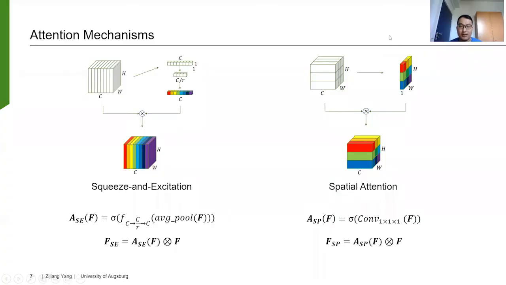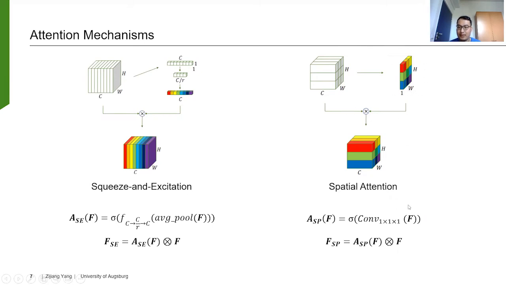The second attention mechanism we applied in our paper is spatial attention. We use a convolutional layer to extract the spatial descriptor from the input vector. Then the output of the spatial attention is calculated by multiplying the input vector by the spatial descriptor.